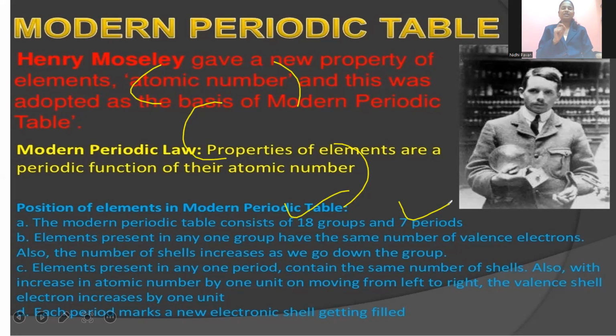Elements present in any one group have the same number of valence electrons, but the number of shells increases as we go down the group. Next, elements present in any one period contain the same number of shells, also with increase in atomic number.